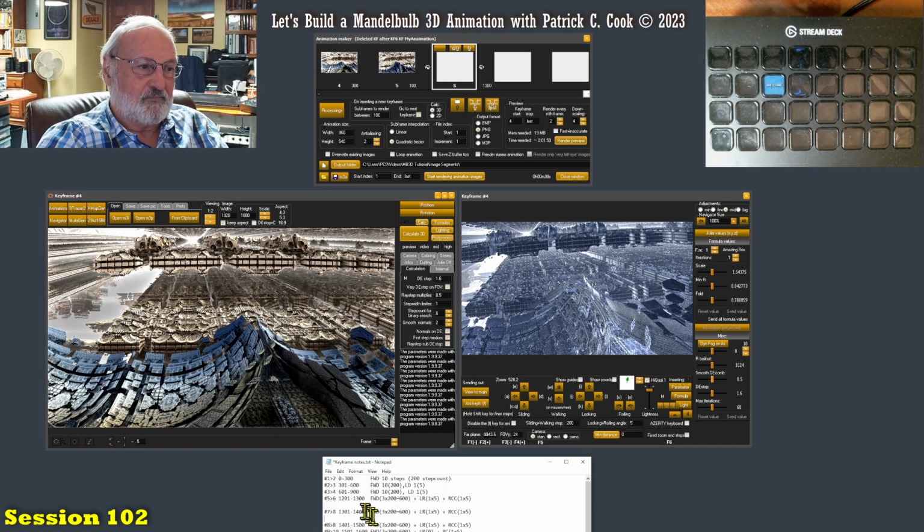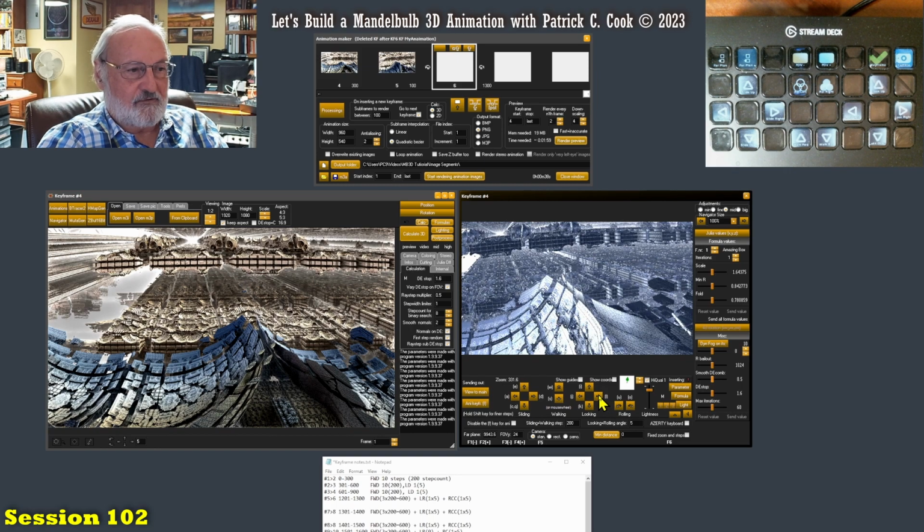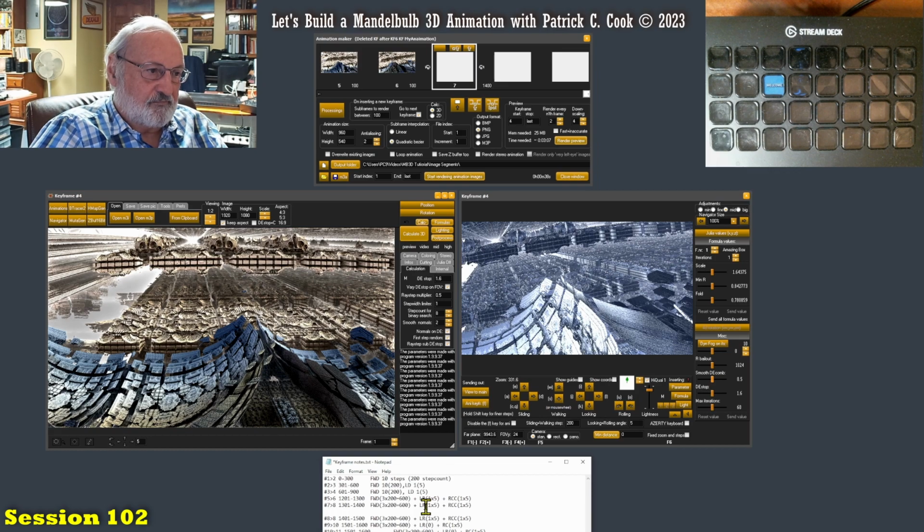All right, good. 1, 2, 3 forward. 1 look right. Okay. 1 bank counterclockwise. Push that up to our animator window.